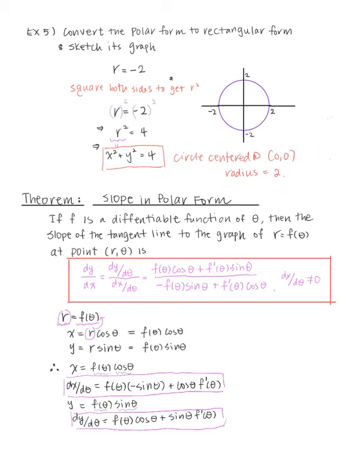Okay, so putting this all together, remember our dy over dx is dy over d theta all over dx over d theta. So if I replace our dy over d theta, since I'm running out of room, I'm just going to make an arrow here.